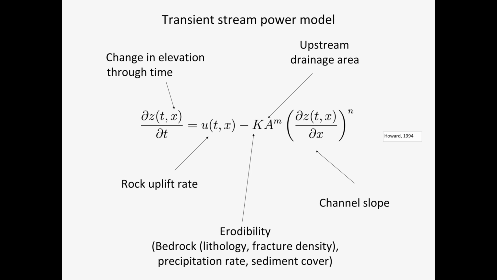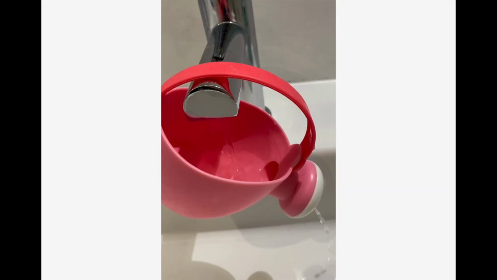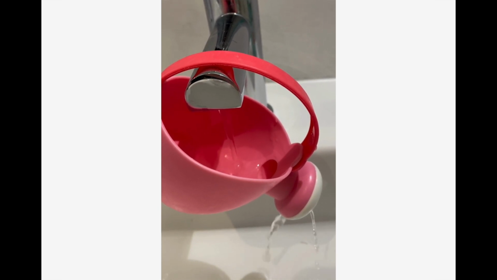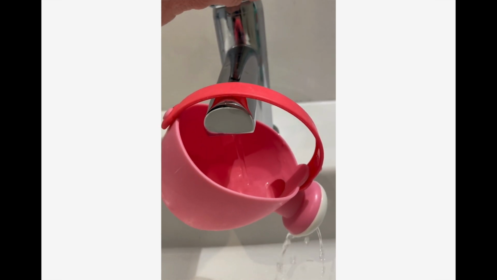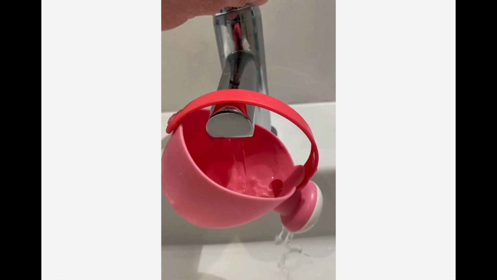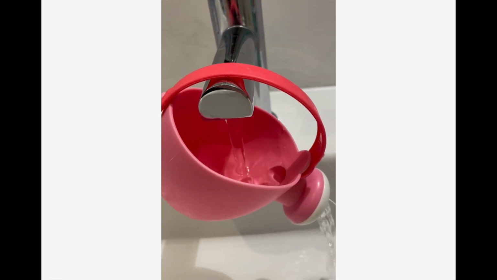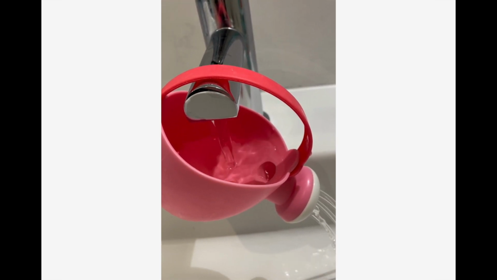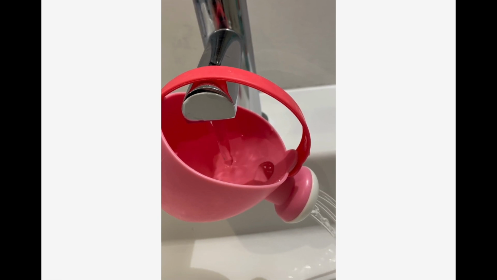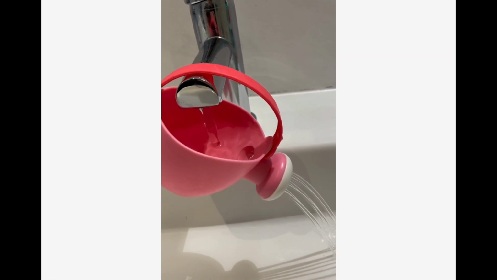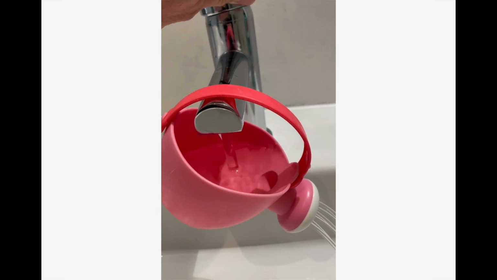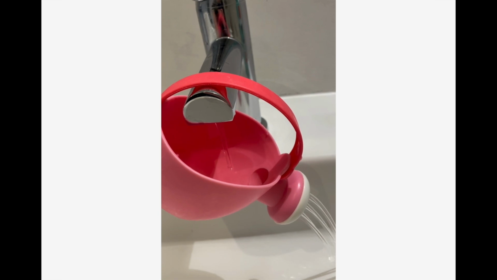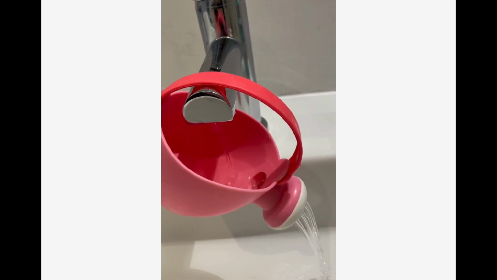I made this video here with my daughter's watering can to get across this idea of differential equations. Here the water is filling up the watering can, and at some point I increase the flow of the water into the watering can, and then the water flows out more quickly, and the height of the water increases until it reaches some sort of new steady state, and everything's balanced.